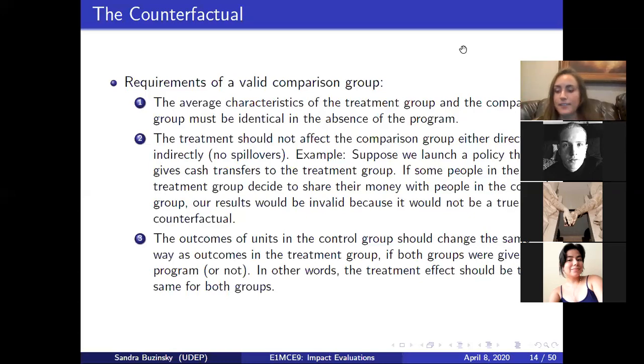So at a societal level, yes, spillovers would be good, if it's a positive treatment effect, which it normally is. But if we're interested in estimating the true effect, it's not good, because then we're contaminating the control group, and the control group is receiving treatment. And then we're not going to get a true effect size.